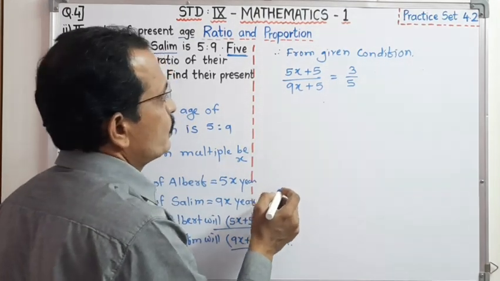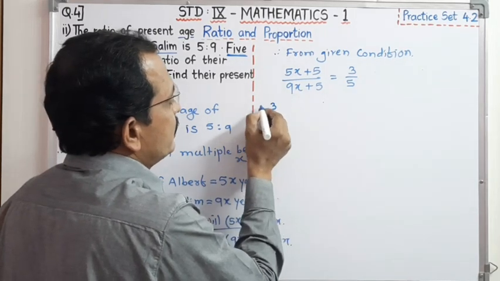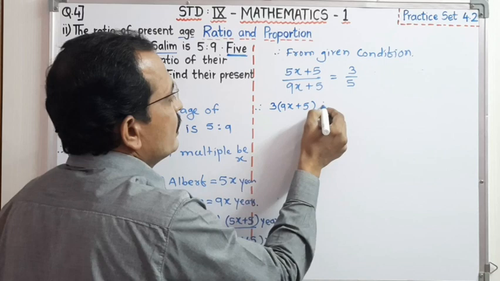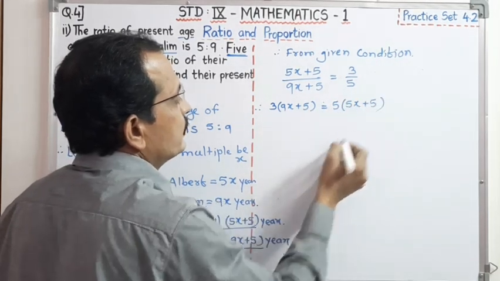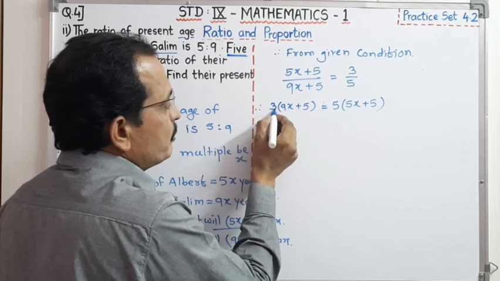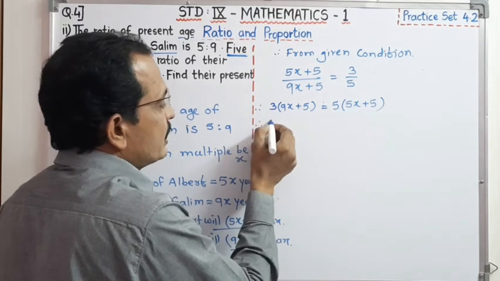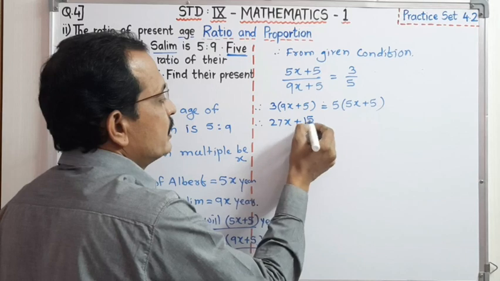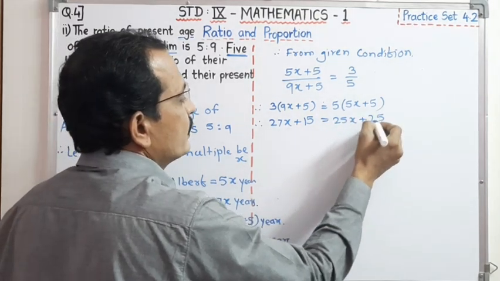Now dear student, we have to solve this. For that purpose, we have to do the cross multiplication. 3 into (9x plus 5) is equal to 5 into (5x plus 5). We multiply the whole bracket with the 3. Therefore 9 3s are 27x plus 3 5s are 15 is equal to 25x plus 25.